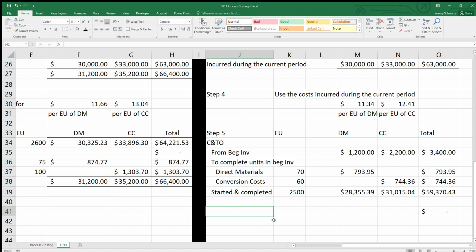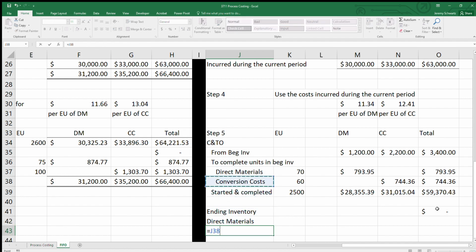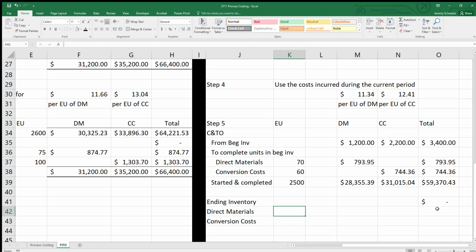Then we also have our units in ending inventory. And so for direct materials, we'll complete the direct materials percentage and conversion costs. We'll just do our calculations here.